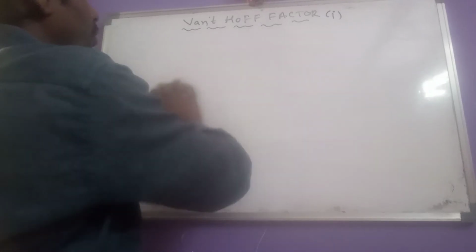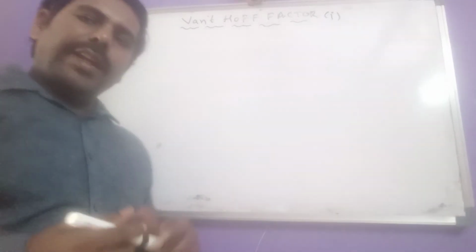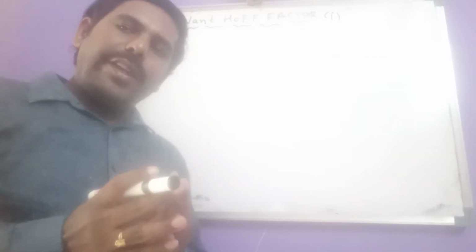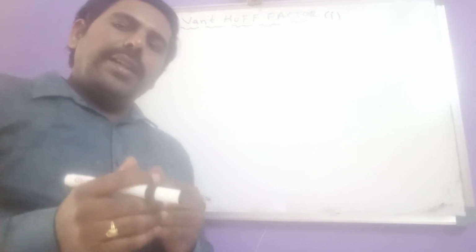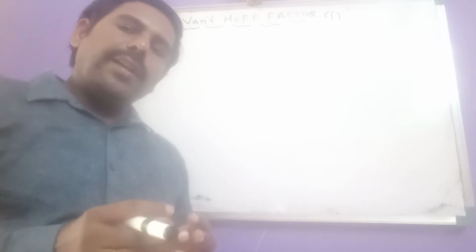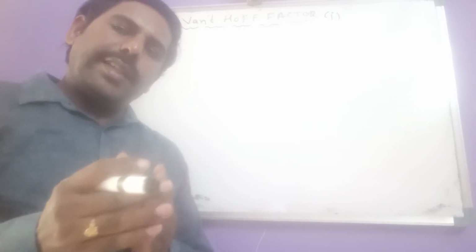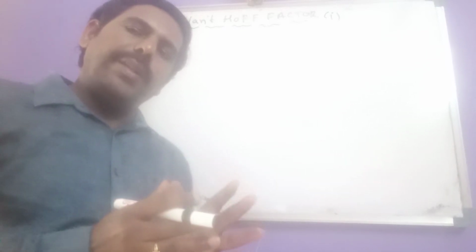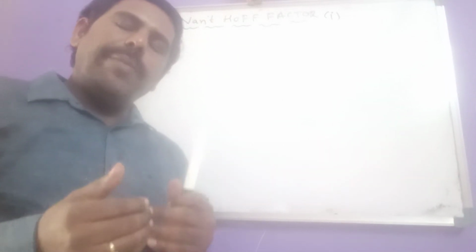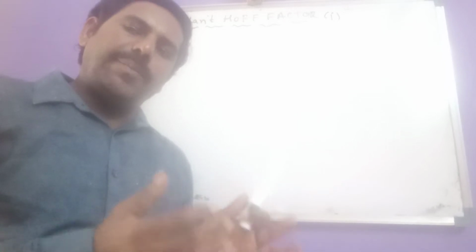Okay, then for weak electrolytes, how to calculate the i value? If you consider any weak electrolyte at normal concentrations, it may not undergo 100% ionization. It undergoes only somewhat 60% or 80% ionization. That means we may not get all the ions completely as expected.